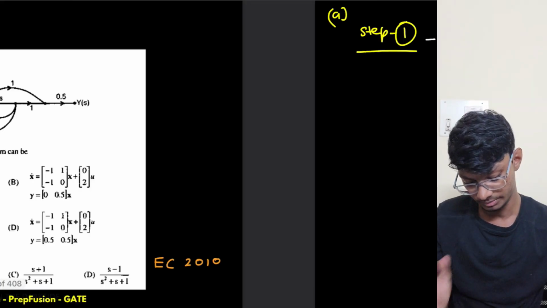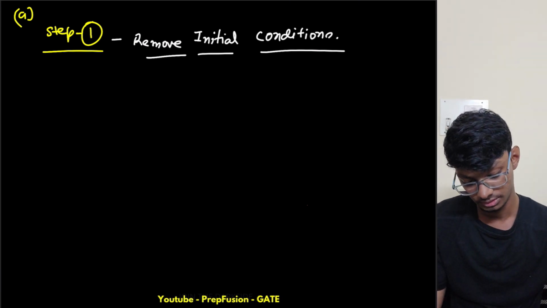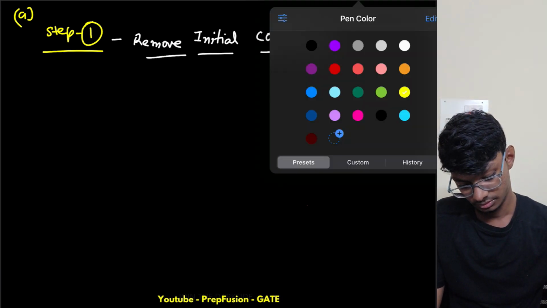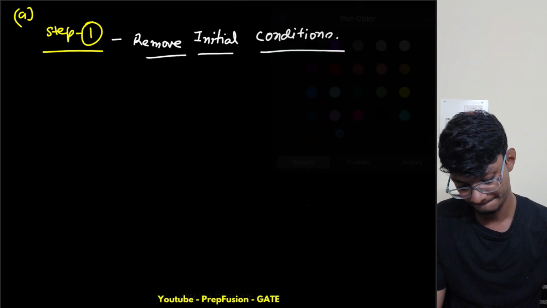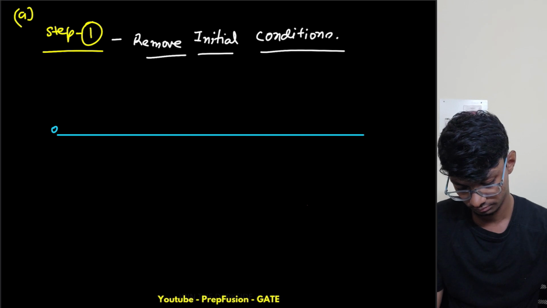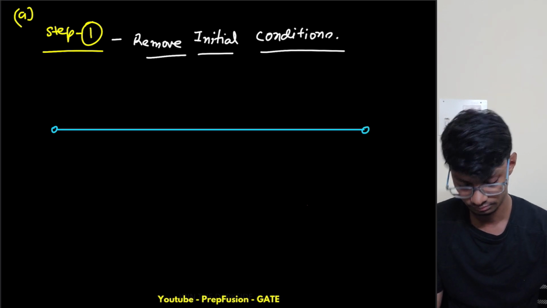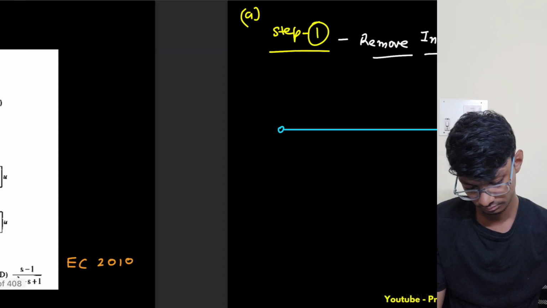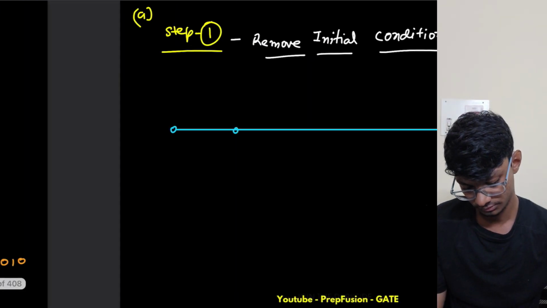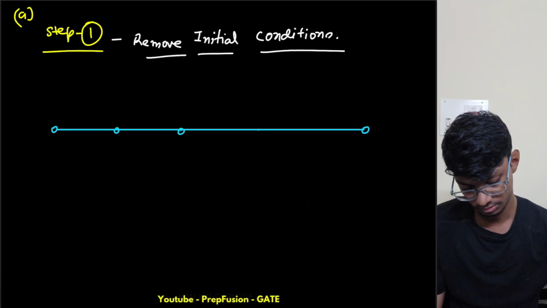Let me draw the state diagram, because otherwise it will be difficult. I have nodes 1, 2 and 3.